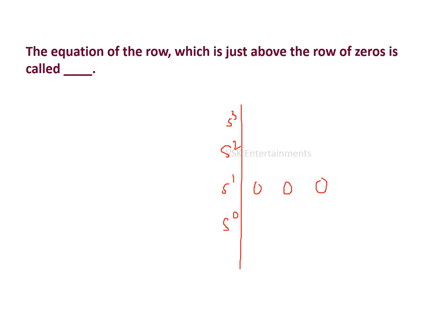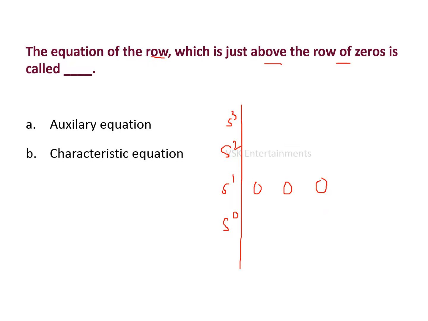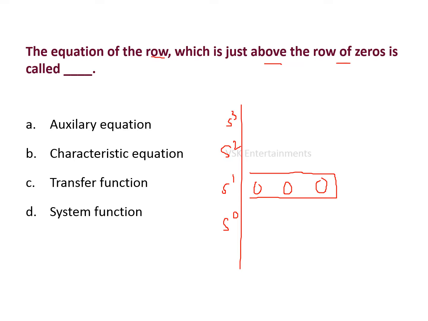Okay, coming to next one, the equation of the row which is just above the row of zeros is called, options are auxiliary equation, characteristic equation, transfer function and system function. Suppose consider this is the RH table. One of the row elements in the RH table are 0. In this case we have to consider the equation which is above this 0 row.